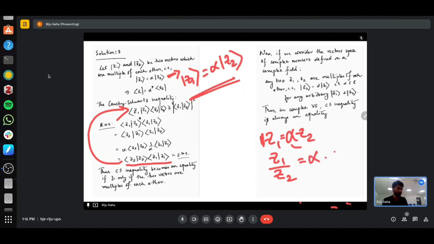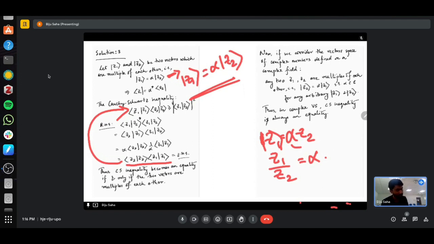So always, for the case of complex numbers, we can find a complex number that would help the two numbers be expressed as a multiplicative factor of each other.